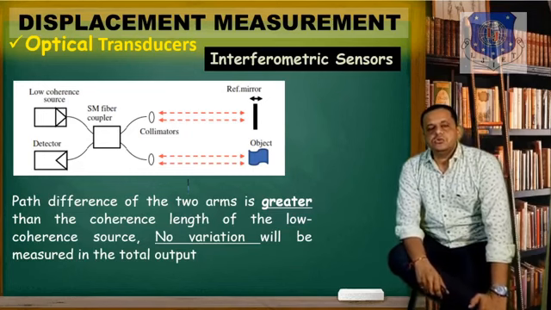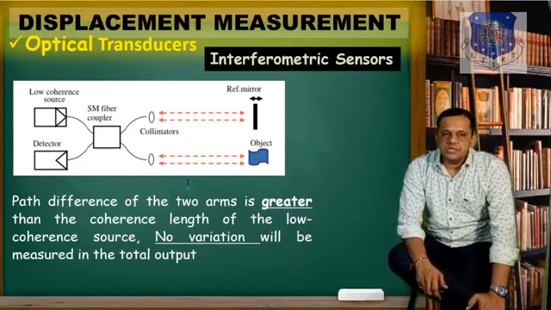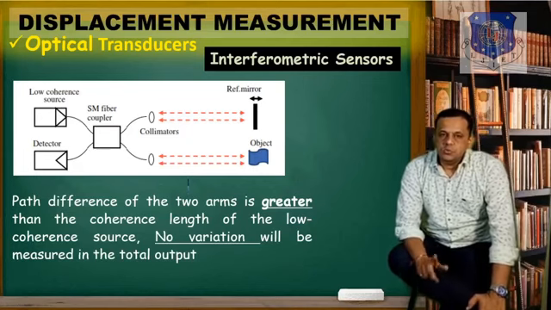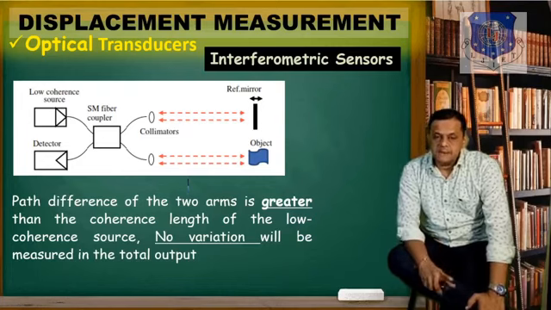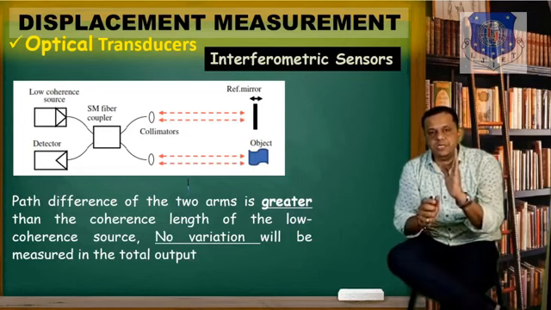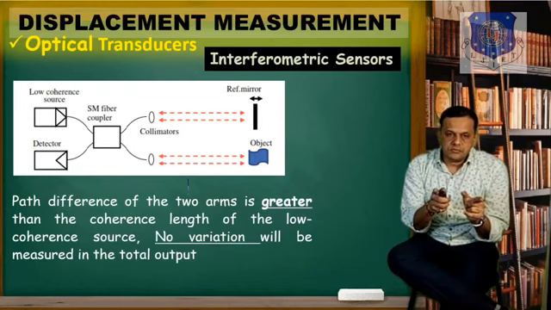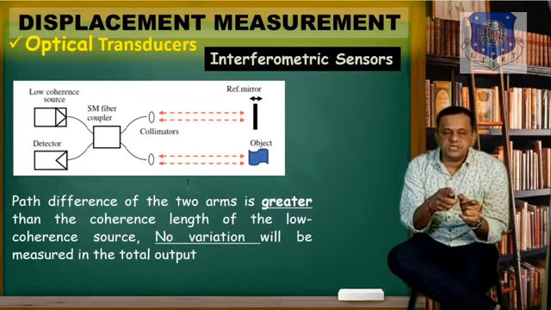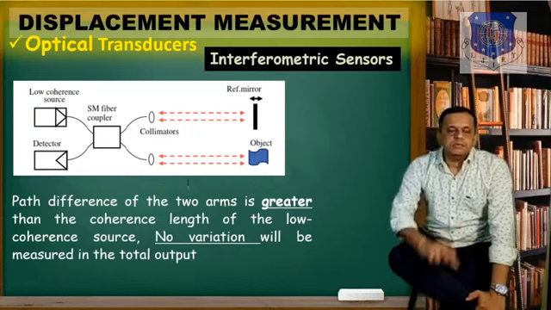Here you see a low coherence source and reticle are shown, and one fiber coupler is given, collimators are there. So one reference mirror is created, one reference surface will be there, and another is the object. The reference mirror will be fixed, and on the basis of object variation, you will be able to get an image.